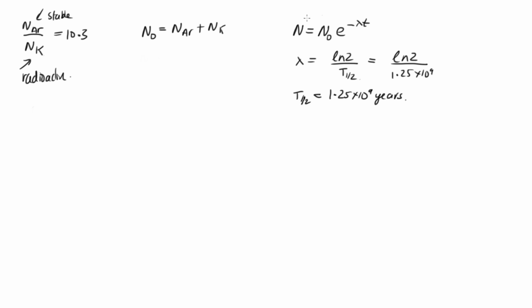So now we're going to need to use this equation here. We know what the initial number of atoms is. The final number of atoms, that's the number of radioactive atoms. So that is equal to Nk.